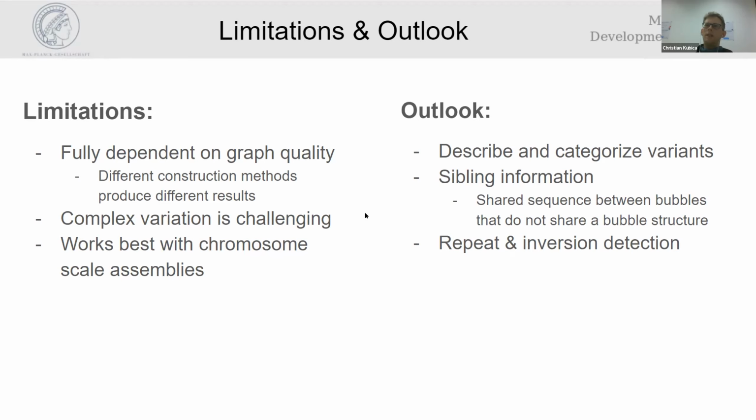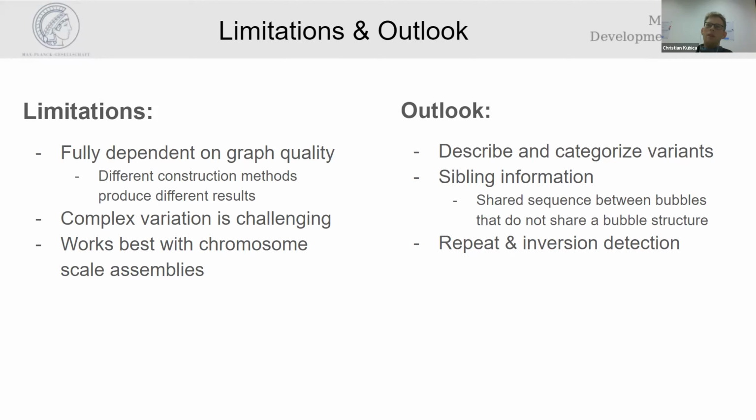We are then interested in, and in the Python version it's already implemented, not in the Rust version yet, adding sibling information. So there are instances where there's no change in core level, but traversals from different unique independent bubbles use the same node space, the node subspace.